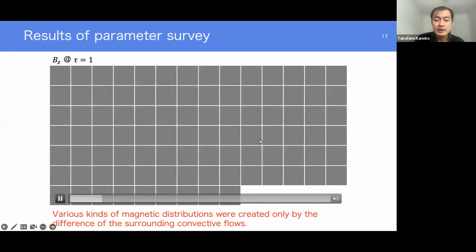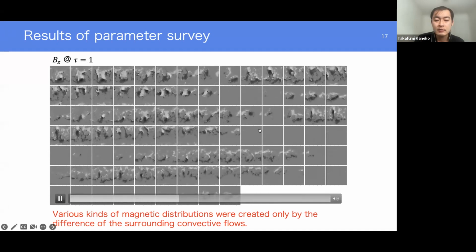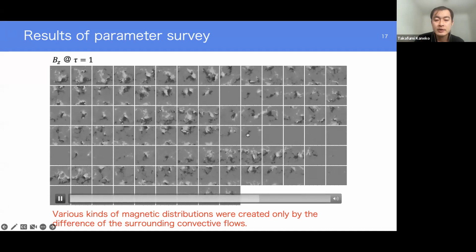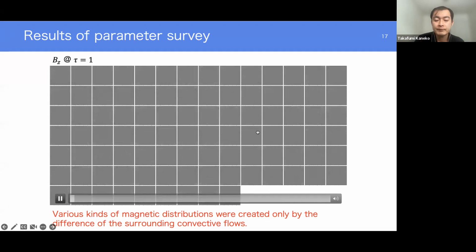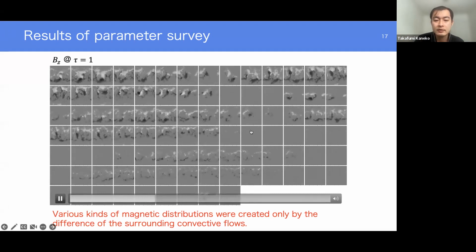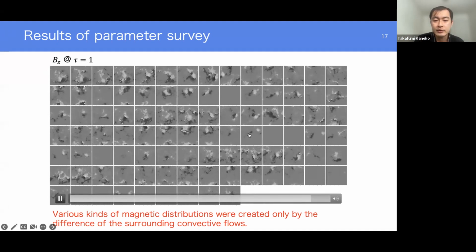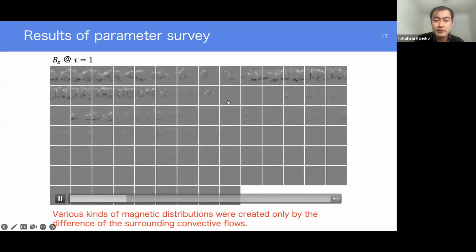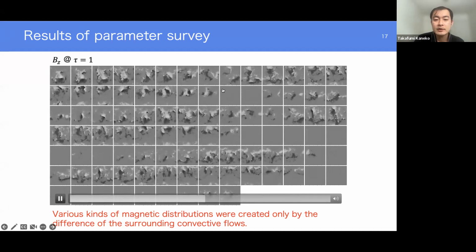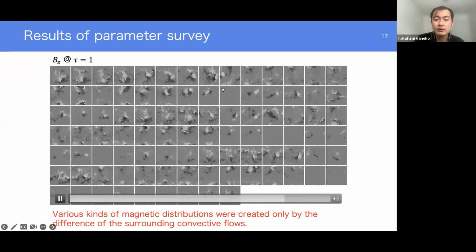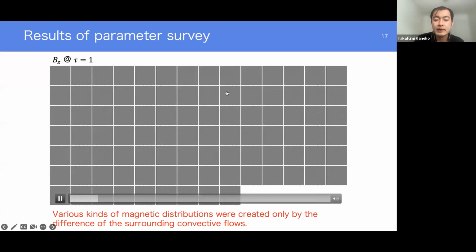But in some cases, positive and negative patches do not collide, and just a beta-type spot was reproduced. And also sometimes the flux emergence never happened, like this panel.